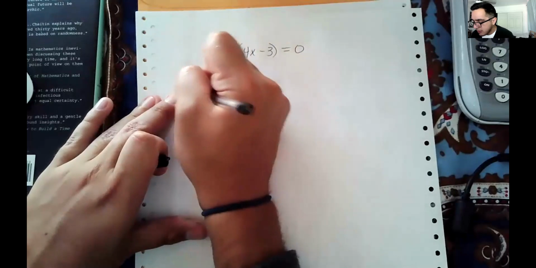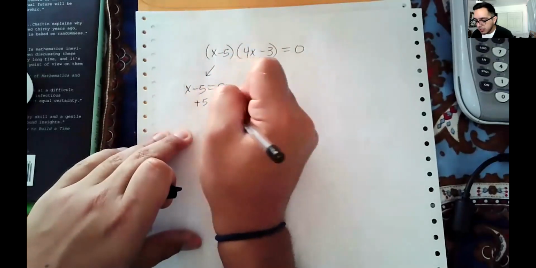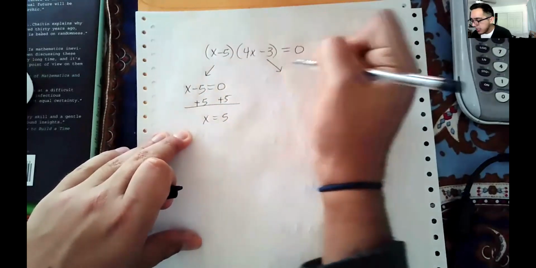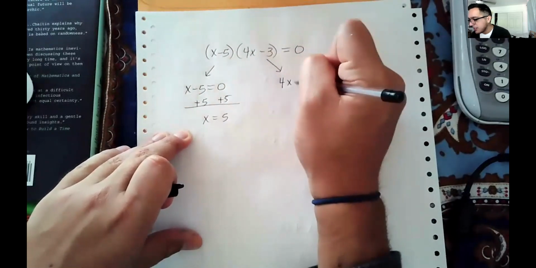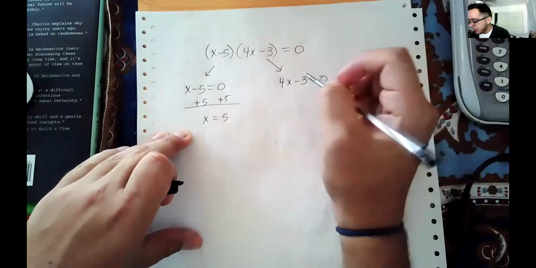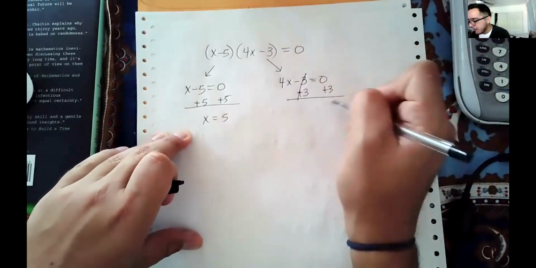So x minus 5 equals 0. You would have to add 5 over to the other side, right? Yeah, that makes sense. So in your head, you have to be thinking about, or actually, to avoid any mistakes, don't do it in your head, write it down. You'll see that you'll add the 3 over to the other side, making it positive now.